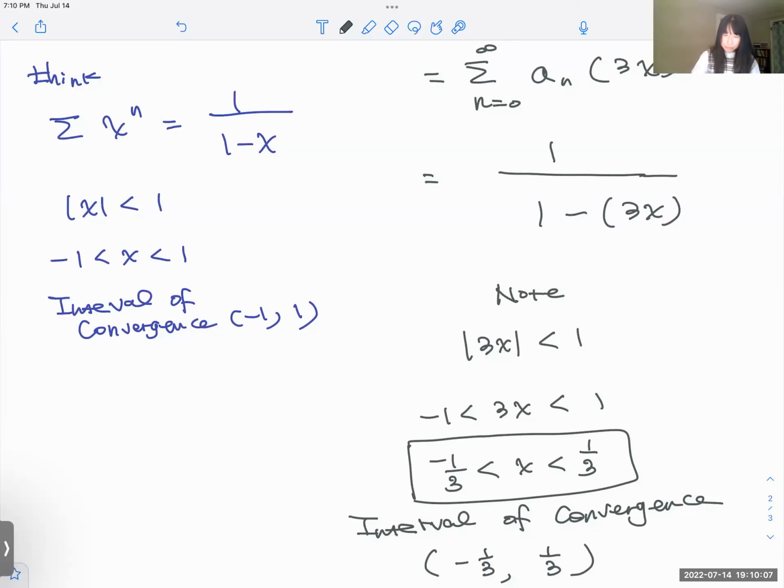Okay, now let us do construct a power series.